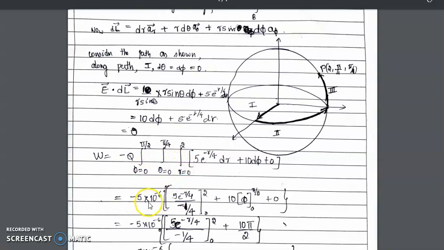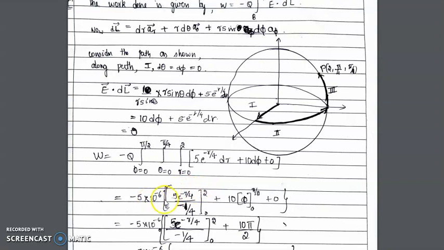Now if you integrate this, you will get W equal to minus 5 times 10^-6 times [5 e^(-r/4) divided by minus 1/4 with limit from 0 to 2, plus 10 times phi from 0 to pi/2].